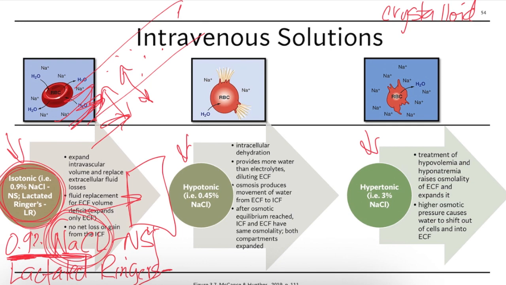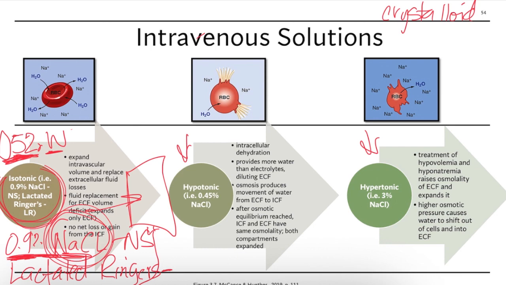And then we have your weird, troublesome friend D5W. So D and the 5 stands for 5%, W. So it's 5% dextrose in water. And again, with this D5W, the dextrose in there creates an osmolality that is very, very similar to what's already in the body.